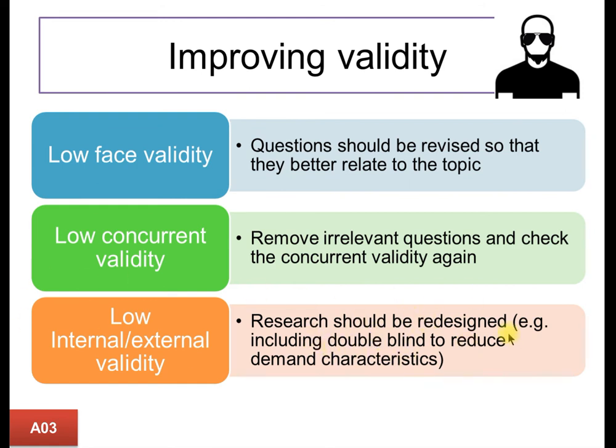One of the things that will help you improve the internal validity, reduce investigator effects and demand characteristics, is to have a double-blind procedure in which neither the participant nor the experimenter knows which condition they are in. Are they in the experimental or the control? They don't know, and neither do you. This reduces demand characteristics. For external validity, use an improved sample with a different method, such as random sampling or even stratified.